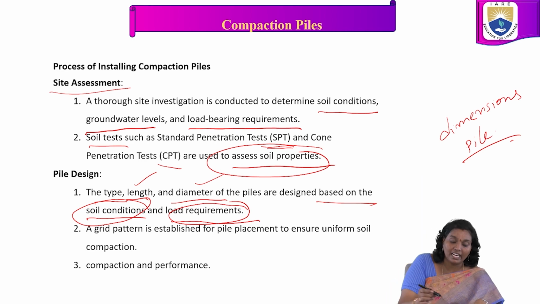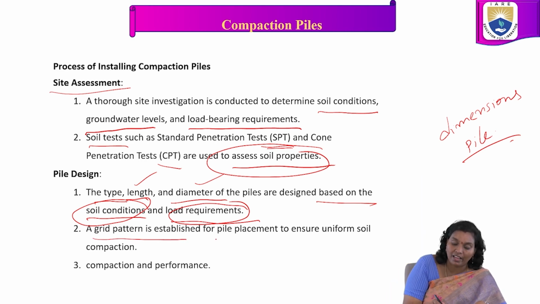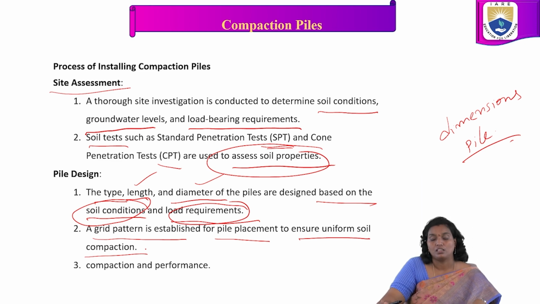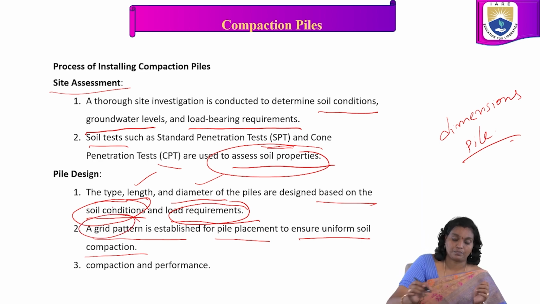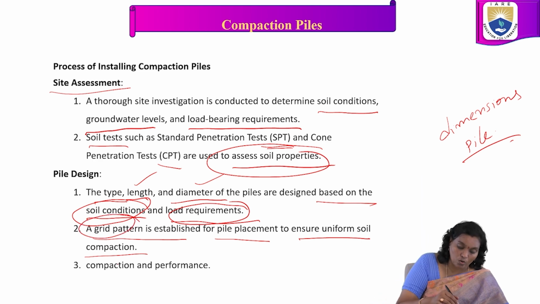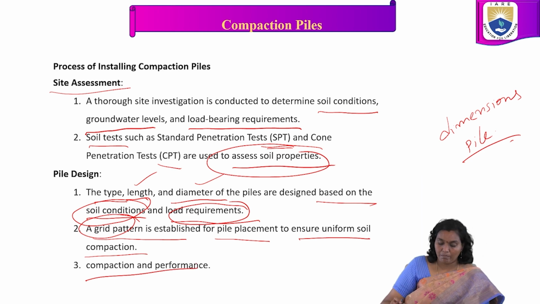Next one is grid pattern, established for pile placement to ensure uniform soil compaction. So the uniform soil compaction, we have to ensure that. For that, we are going to establish this grid pattern. So the next one is compaction and the performance in the pile design.